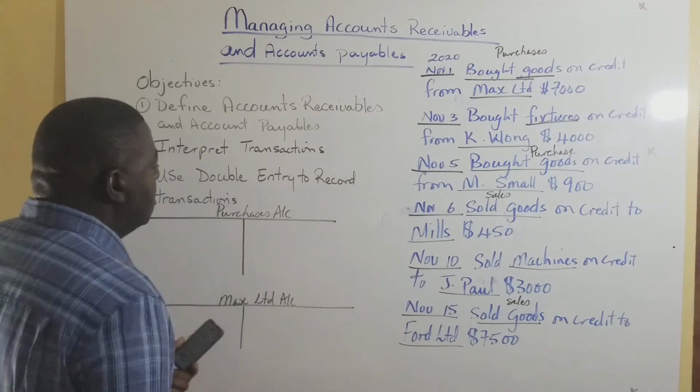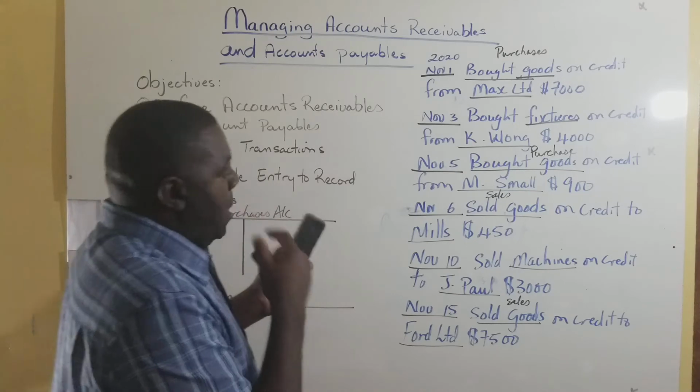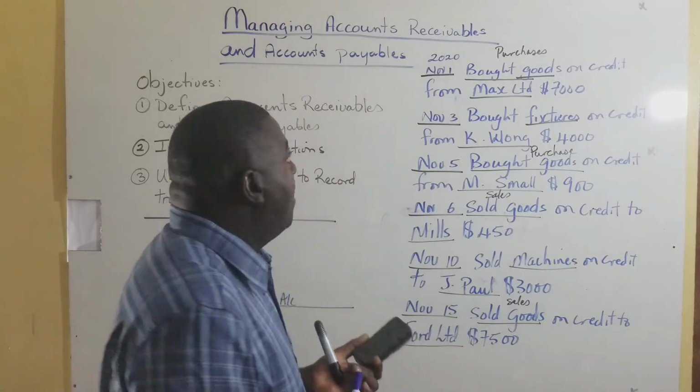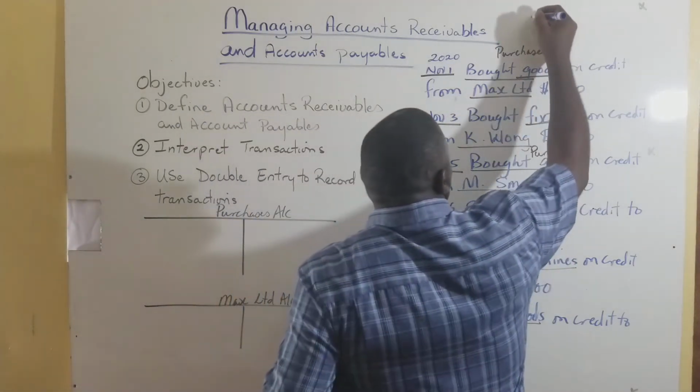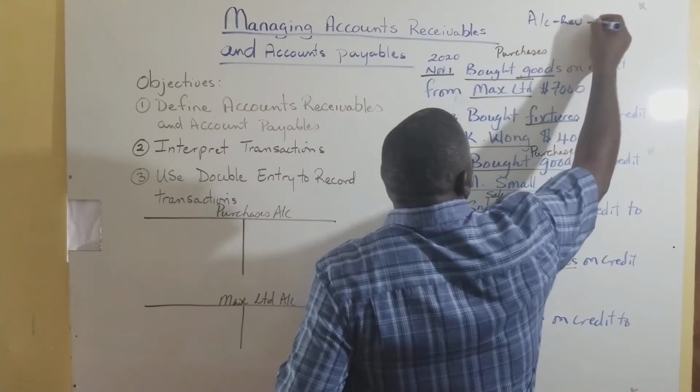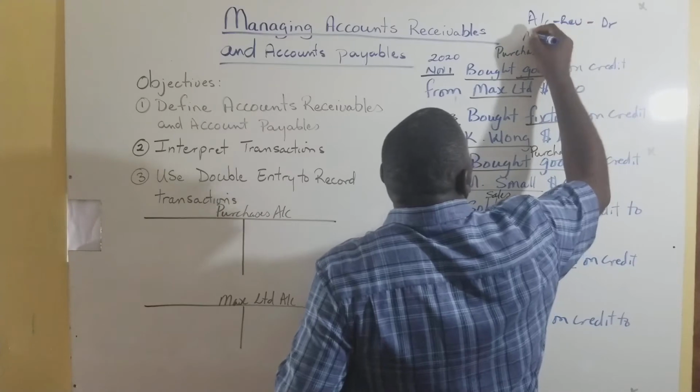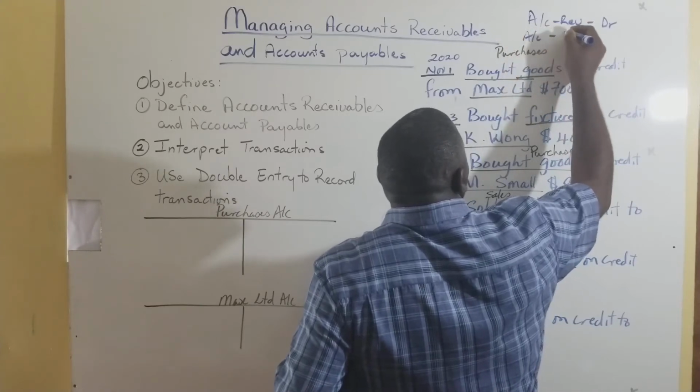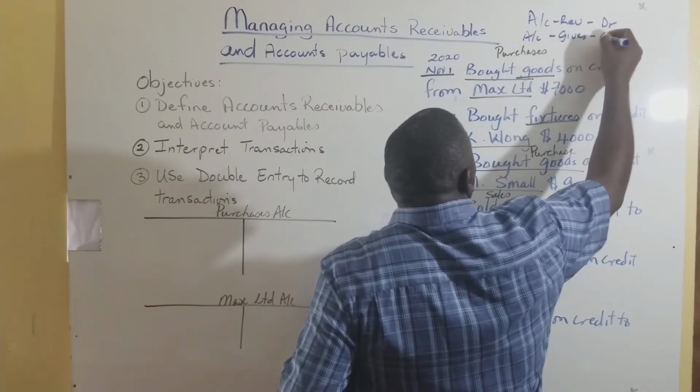All right. So the accounting rule, I'm going to replace again. It says accounts that receives, we debit. Accounts that gives, we credit.